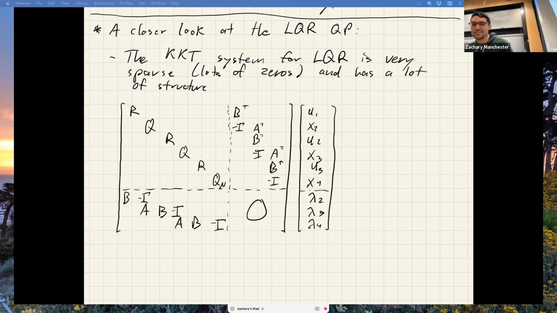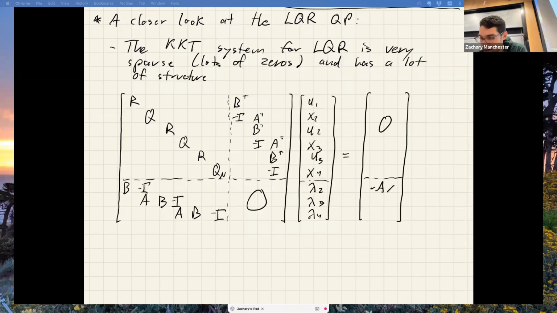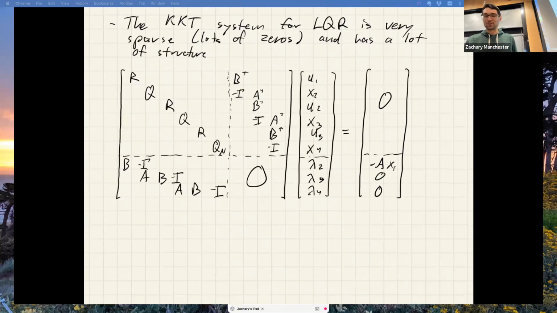They're coupling the two time steps across. And then the right-hand side vector is a whole bunch of zeros over here. And then I've got that minus A x1, and then zeros over here. Cool. So I wrote it out for a few time steps in its full glory.